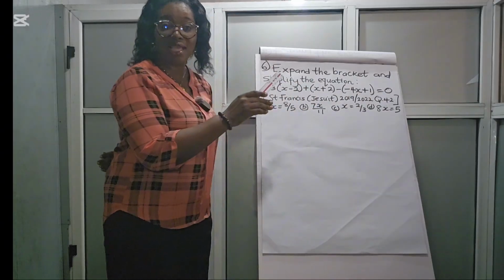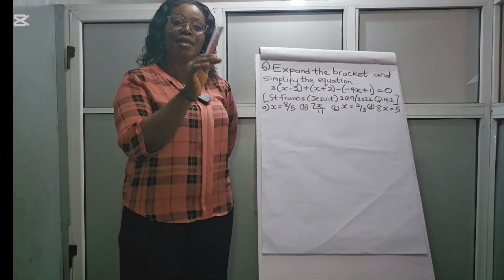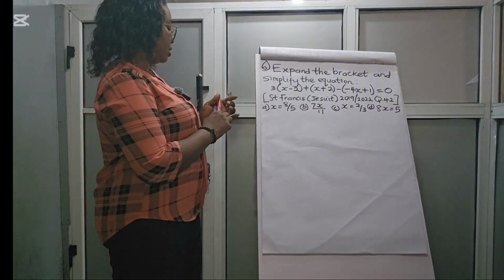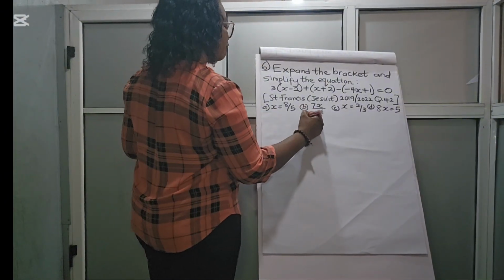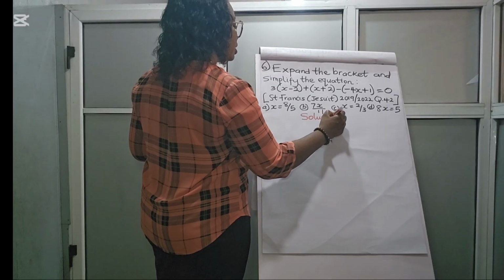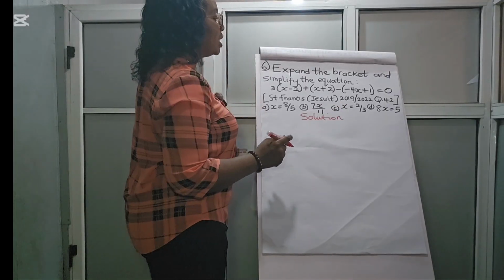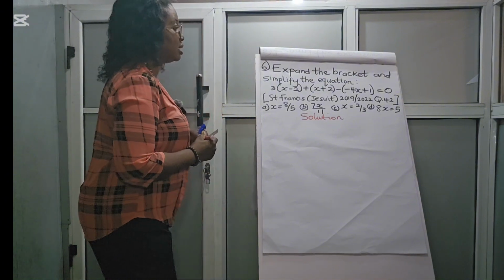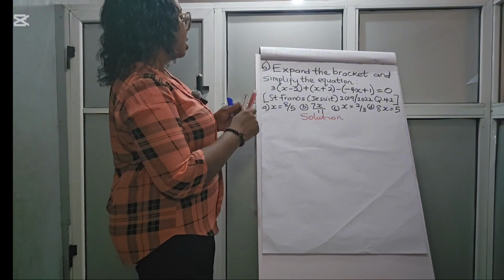Please take note of the signs. In algebra, the signs are very important. So this question was drawn from St. Francis Jesuit exams, question 42, 2019-2022 past examination question. Solution.